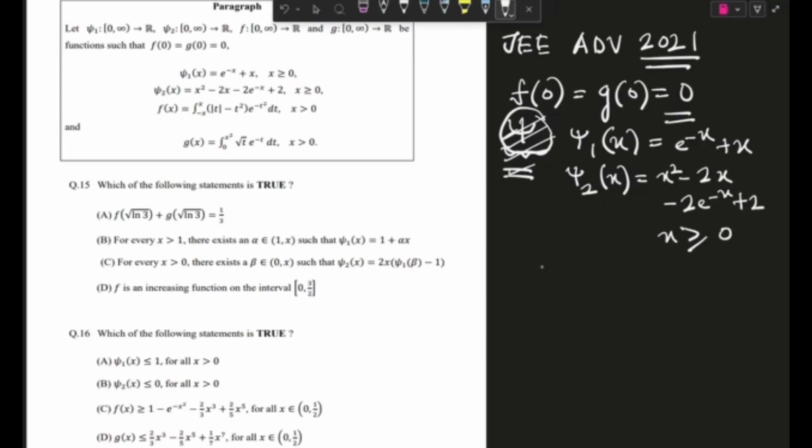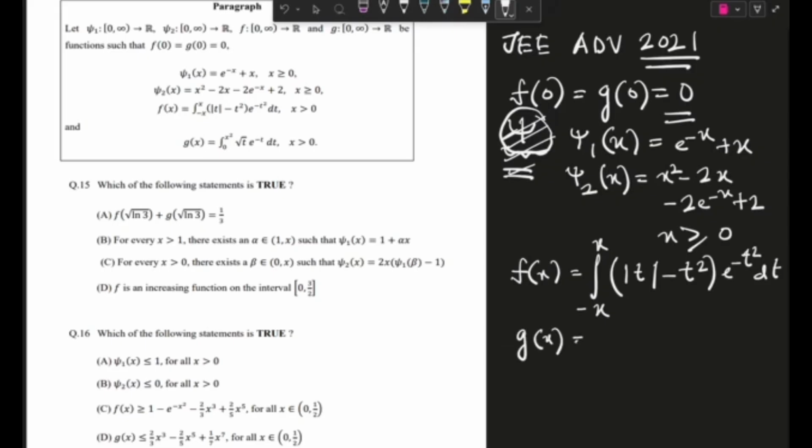And f of x is given to be the integral from minus x to x of mod t minus t square e power minus t square dt, and here g of x is given to be the integral from 0 to x square of square root t e power minus t dt, where x is greater than 0.